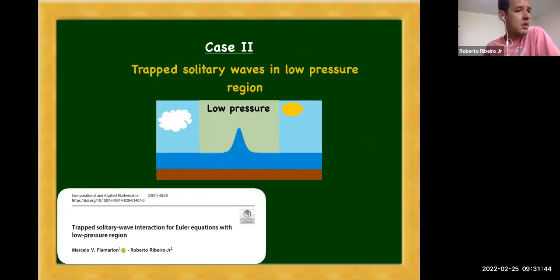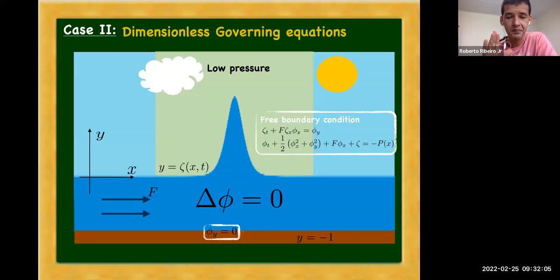Now I will give just some brief comments about the case in which we have a wave that remains trapped in a low pressure region. The results of this part are published in this paper here that I made in collaboration with Marcelo Flammarion, who will speak today in this session. Now we consider the bottom as flat.